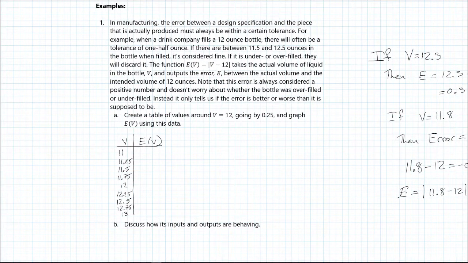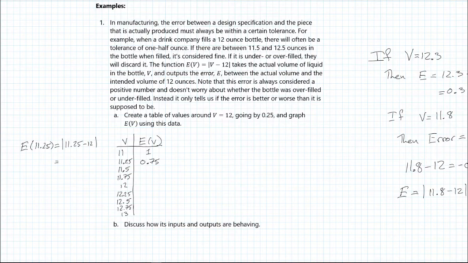I'm going to do this two ways. First, if we know that the volume is supposed to be 12 and we have a volume of 11, the error is 1, right? If I have a volume of 11.25 when it's supposed to be 12, we know that the error is 0.75, and the units here is ounces. If I use the absolute value function, I could say, what is the error of 11.25? Using the absolute value notation, this equals the absolute value of 11.25 minus 12.